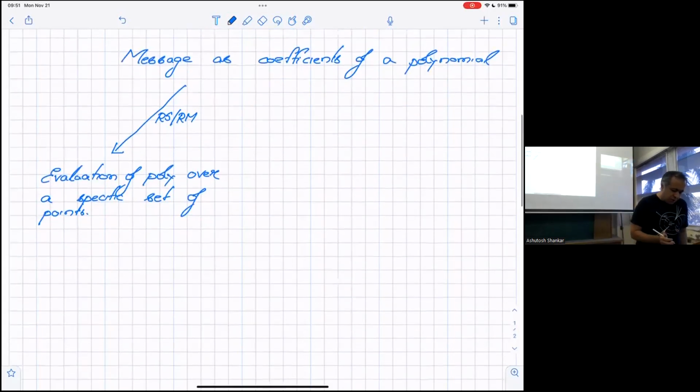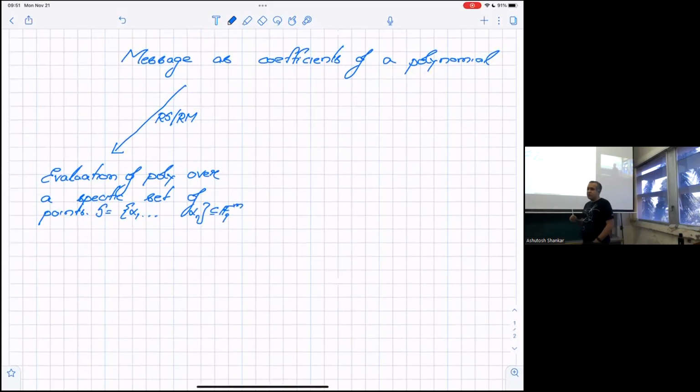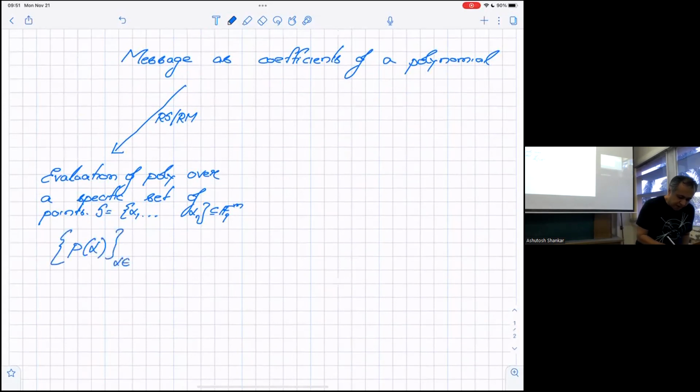An equivalent way of saying this: the evaluation set of points S, which is alpha 1 up to alpha n, is a subset of F_q. M is 1 for Reed-Solomon, so you have a bunch of points alpha 1. And the code could be viewed as giving P of alpha for alpha in S. That's the code.